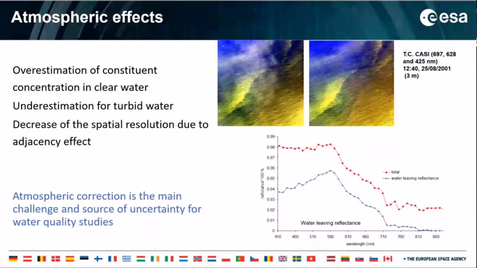So applications related to satellite water quality and water pollution detection should undergo a very good atmospheric correction procedure. Otherwise, the results could be interpreted in a very undesired way.